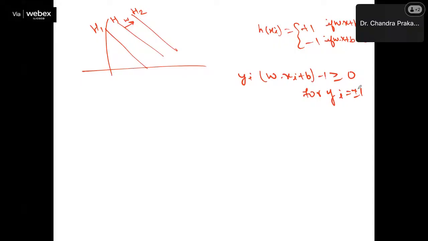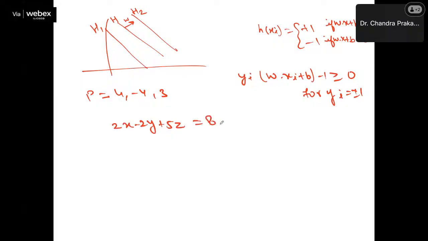So now let's say I am considering my data point as (4, -4, 3). Correspondingly, I have a plane 2x minus 2y plus 5z.